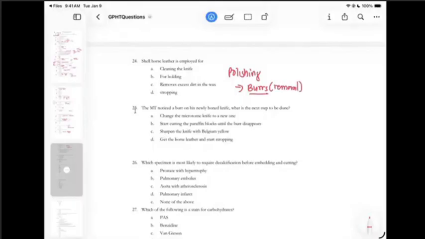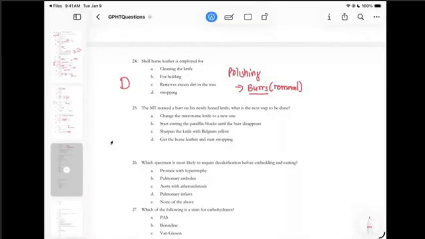So we do stropping, 24 letter D. So stropping, that's polishing, removal of the burrs, no? So that is a toe to heel direction. So 24 letter D.